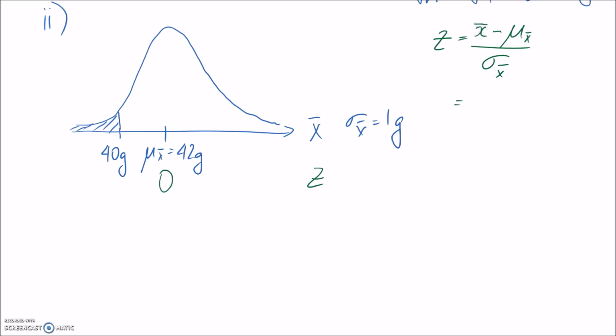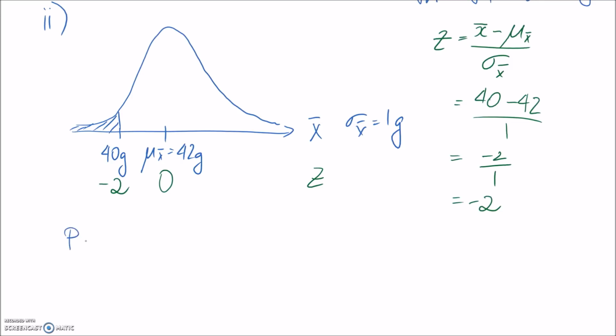Alright, so x bar is going to be this value that we read off, so 40 grams. Mu is going to be the 42, and our sigma for this distribution is 1. So 40 minus 42 is negative 2, divided by 1. It's just going to leave us with -2. So now we can write out our probability statements.